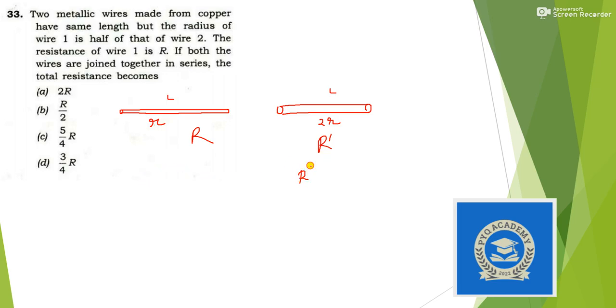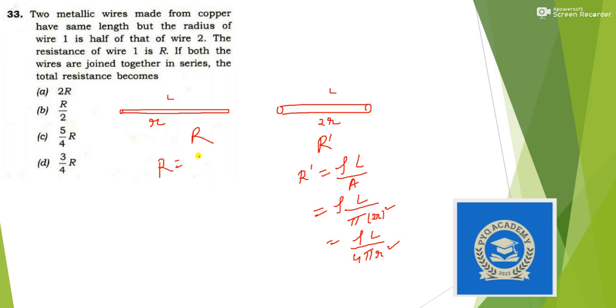Let's suppose R dash equals, you know, the formula rho L by A, where rho is the resistivity and L is the length. So rho will be the same because the material is the same. Then L by area equals L by pi times 2R whole squared. It will become rho L by 4 pi R squared.